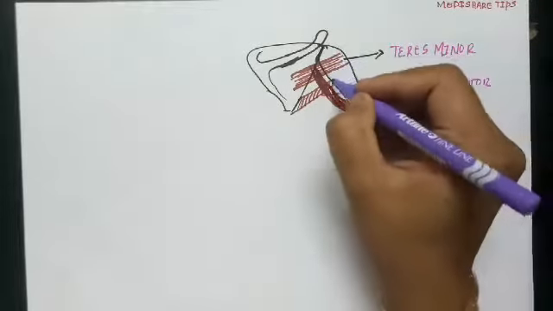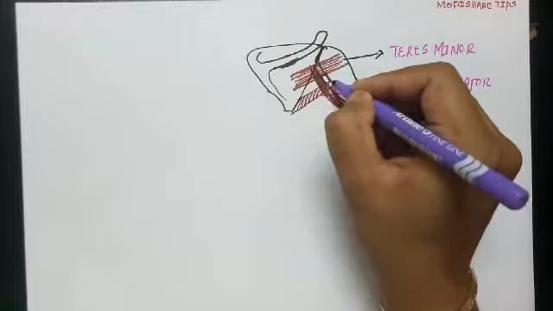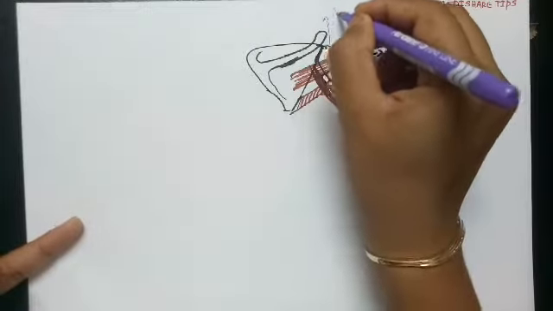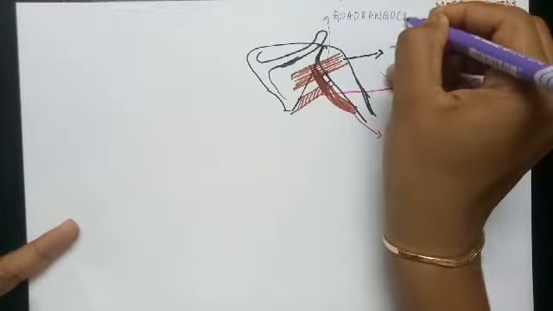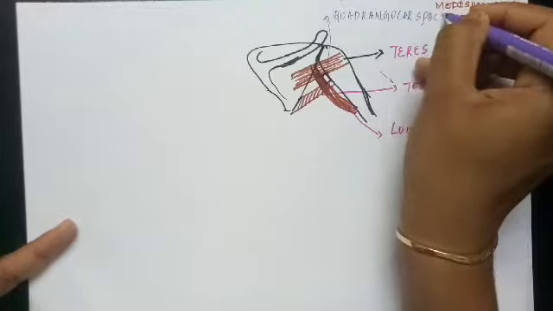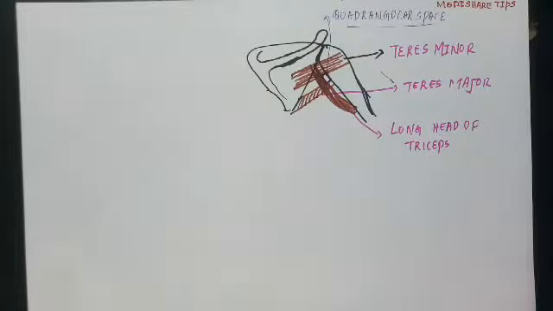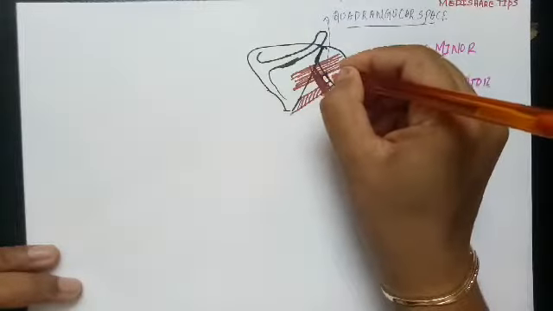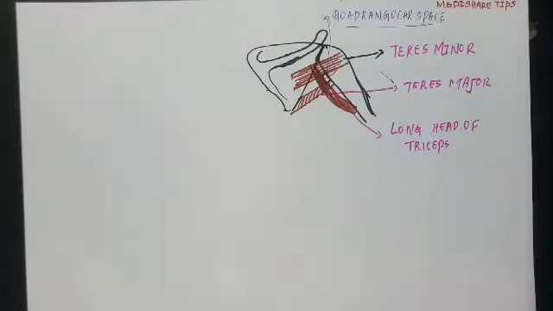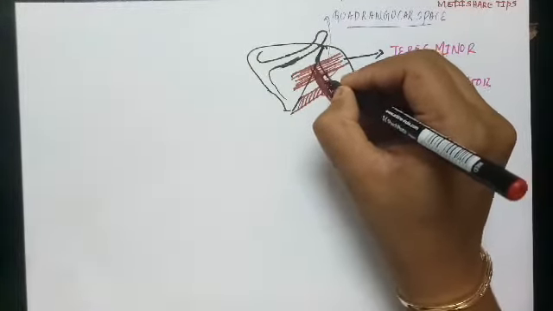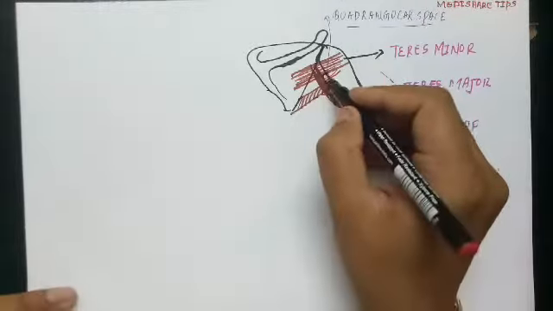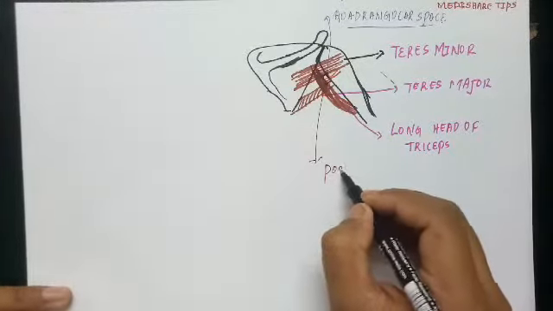We get a space here which is known as the quadrangular space. Through this space, two structures pass. One is the axillary nerve and the other is a blood vessel known as the posterior circumflex humeral artery.